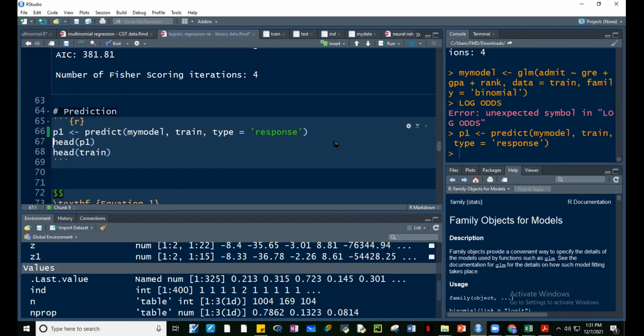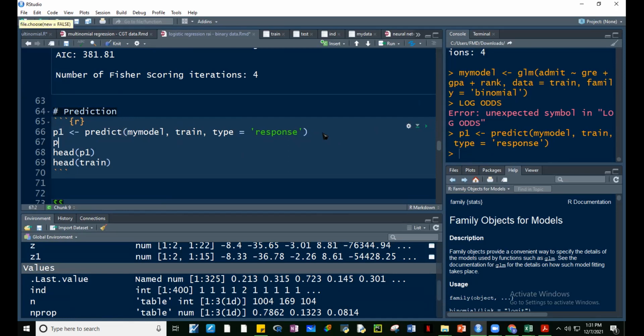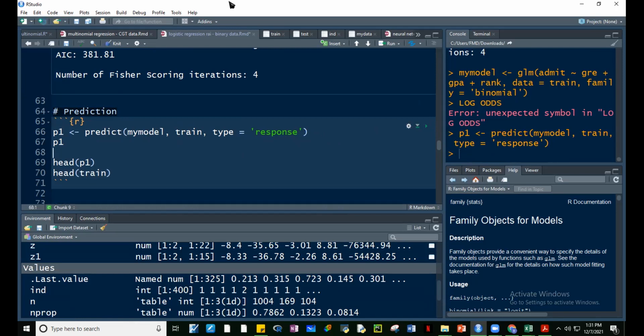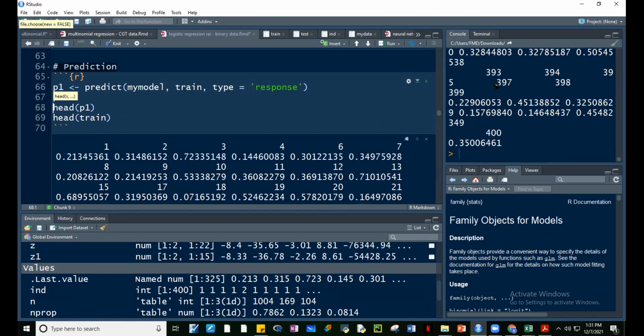So let's run this. Okay, let's print P1. Control Enter. So ano si P1 guys? I-view nga natin para mas kita natin.